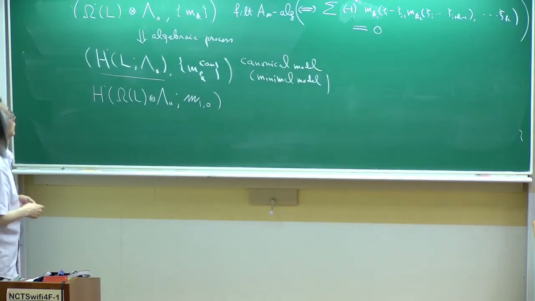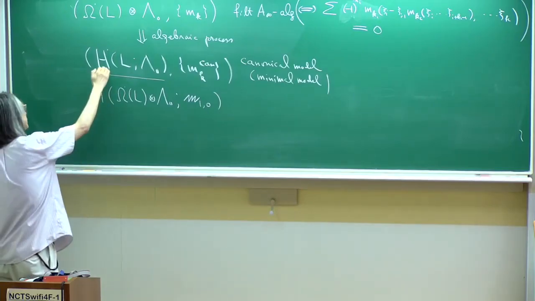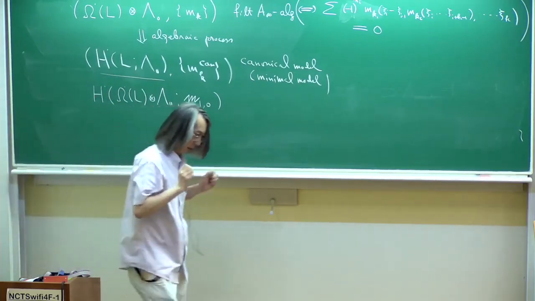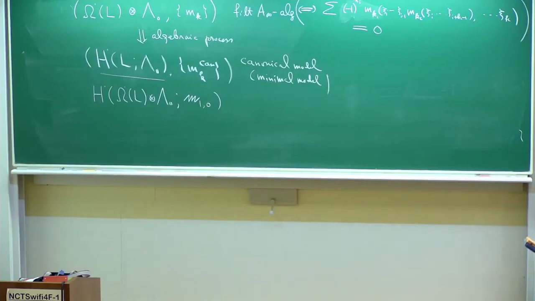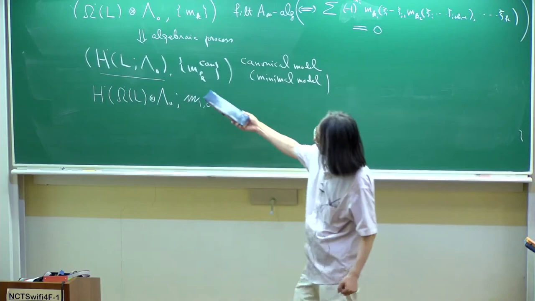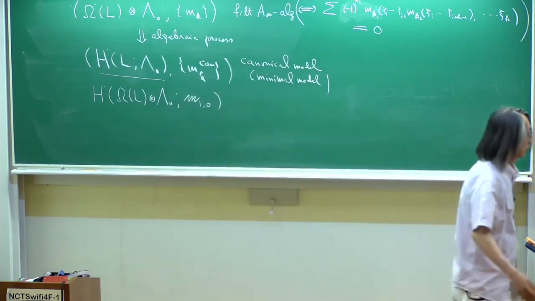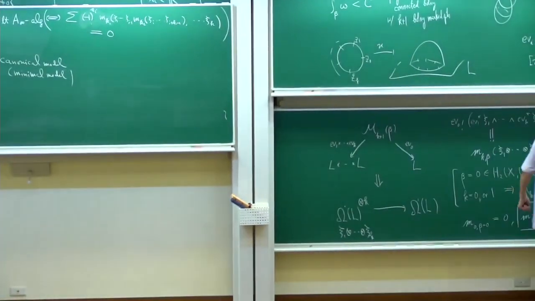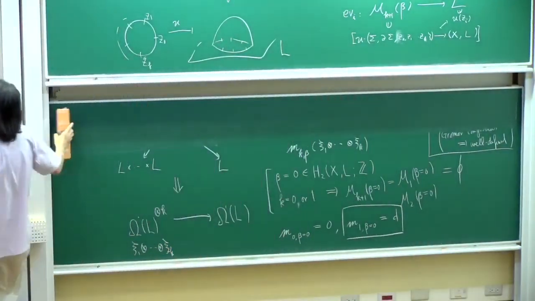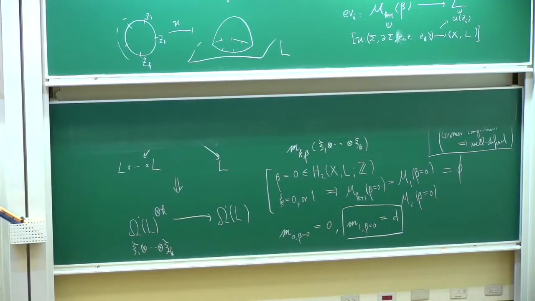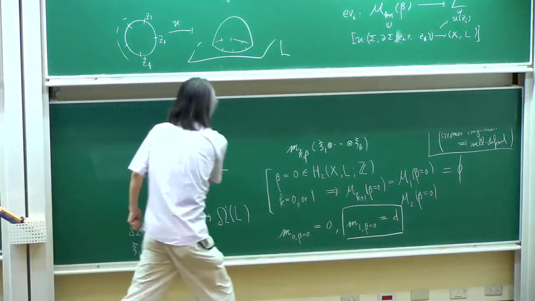In that case, we can cook up this thing rather directly, without really working on the whole differential forms. We can come to this directly. So that is one thing I may have to say.